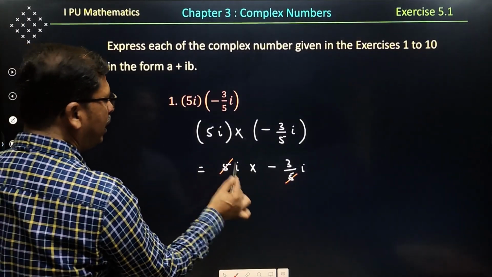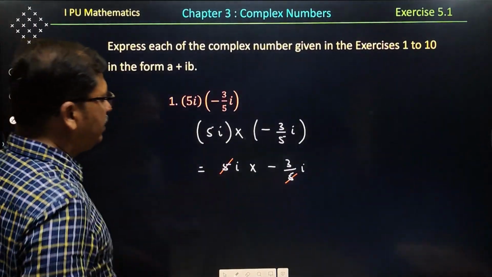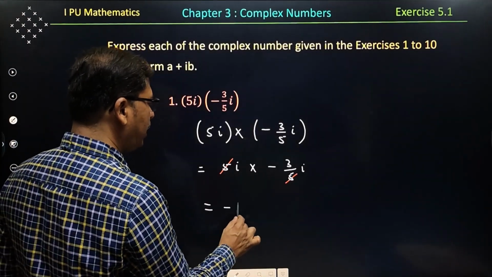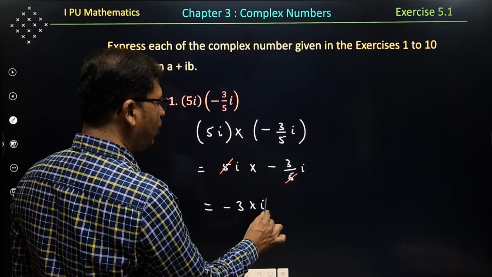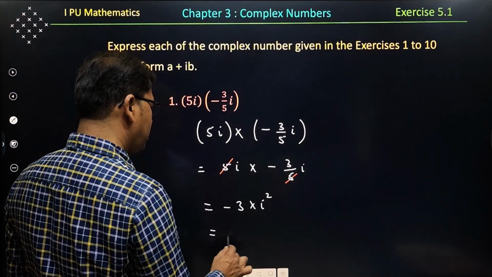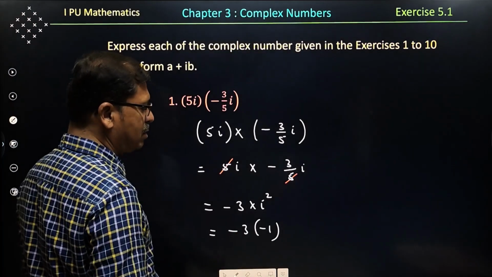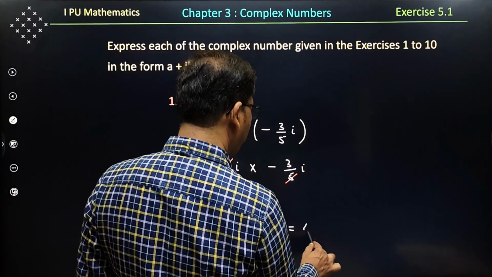And you need to multiply i and i. This i into i leads to i square. So minus 3, I would like to write as it is. And the value of i square is minus 1. So minus 3 into minus 1 is plus 3.